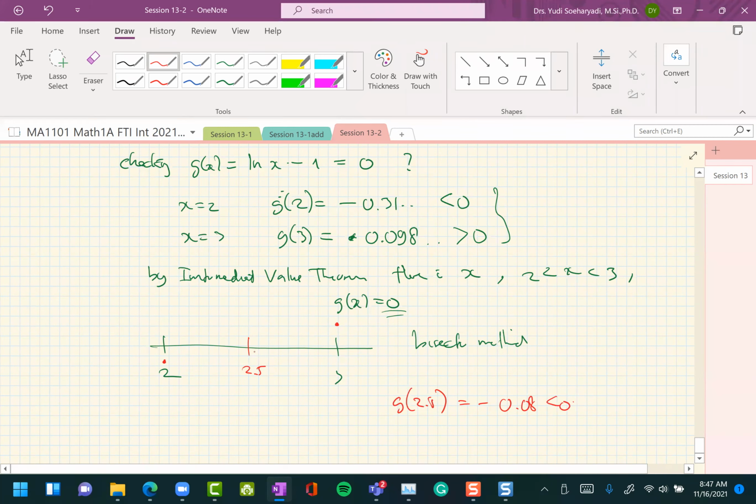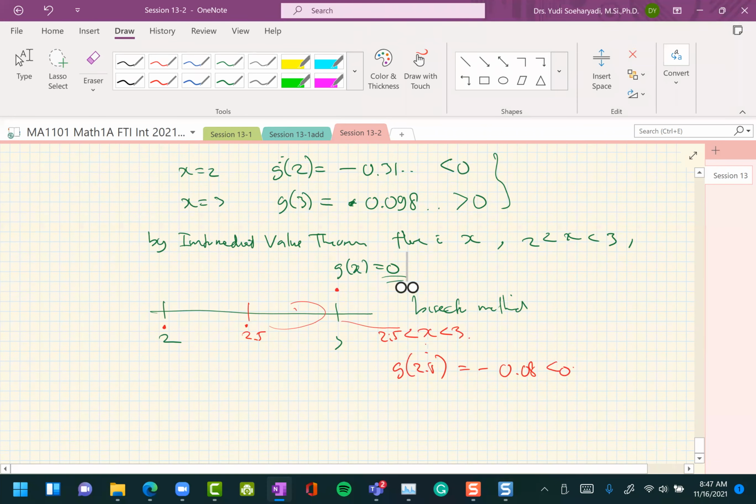That means this is still negative, so x must be somewhere here, between 2.5 and 3. You keep doing these bisections.